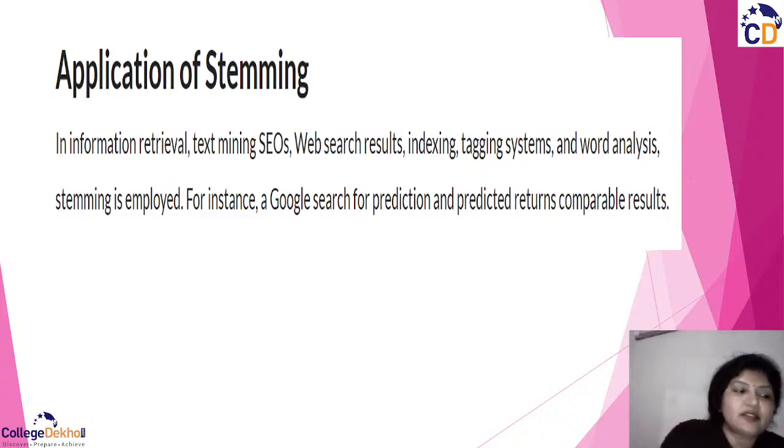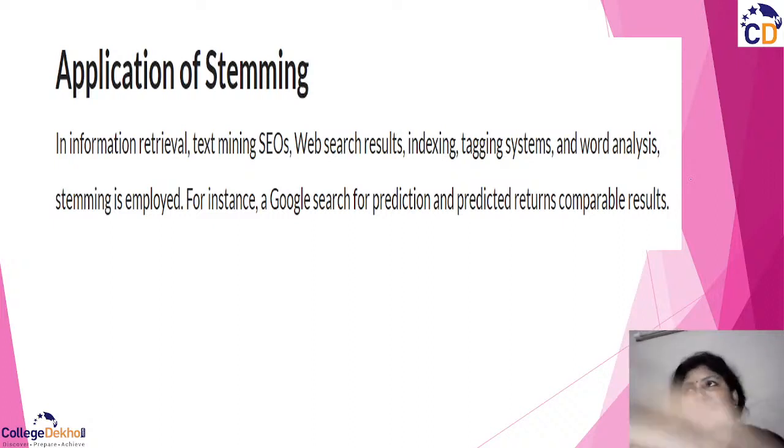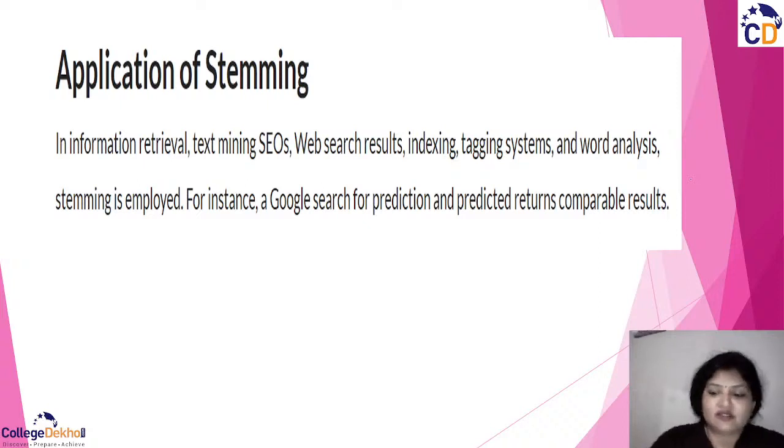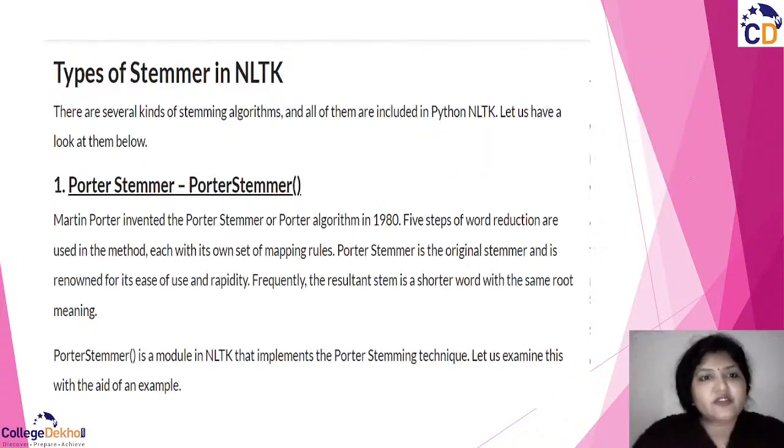Now let us understand the different types of stemmers we have and the examples associated with them. There are several kinds of stemmers, and stemmers are nothing more than stemming algorithms themselves. I have already discussed this.